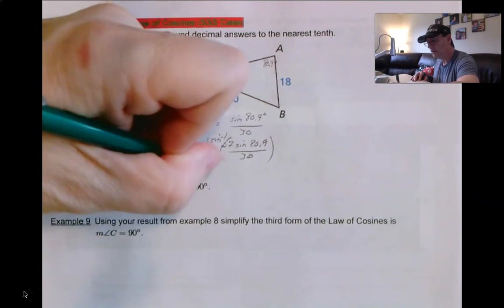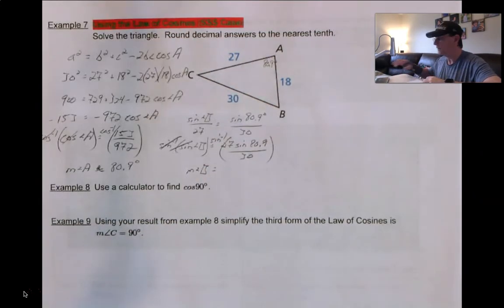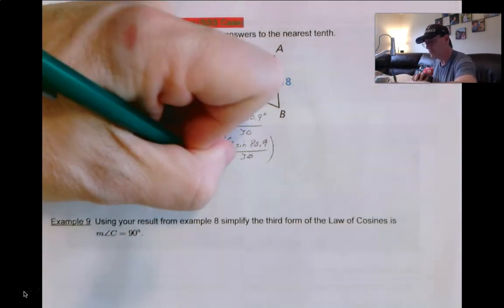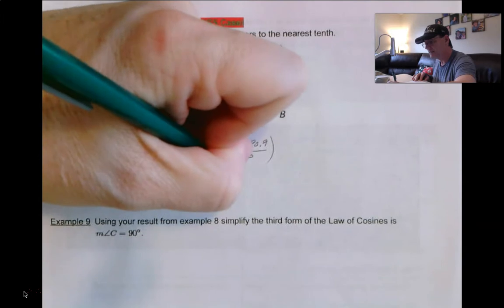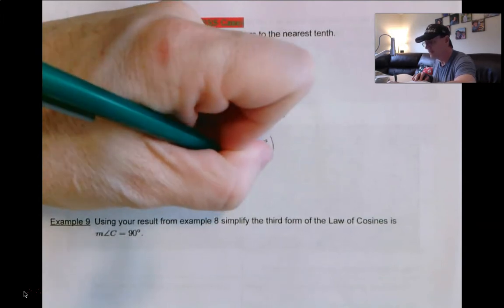Measure of angle B equals, we'll go to our calculators, 27 times 80.9 sine divided by 30 equals, I get 0.888724, so on and so forth. And I do the inverse sine of that, and I get approximately 62.7 degrees.